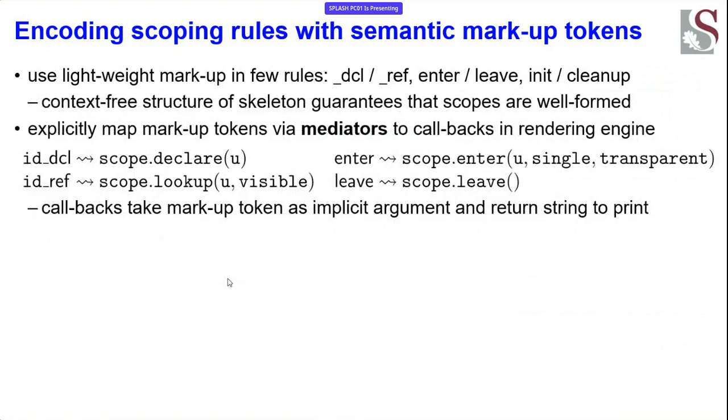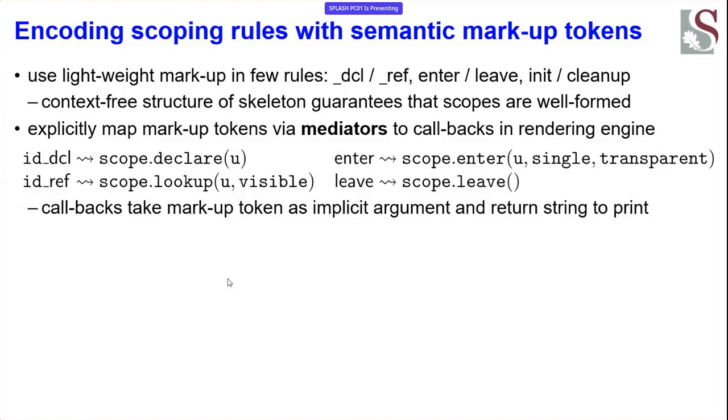And we can then use a mapping that has callbacks into our rendering engine to interpret what the rules mean, right? So ID decl means insert something in the current scope, declare a fresh identifier in the current scope.